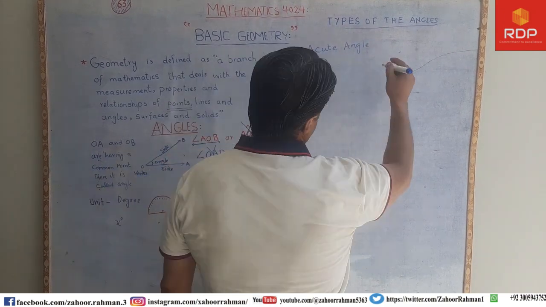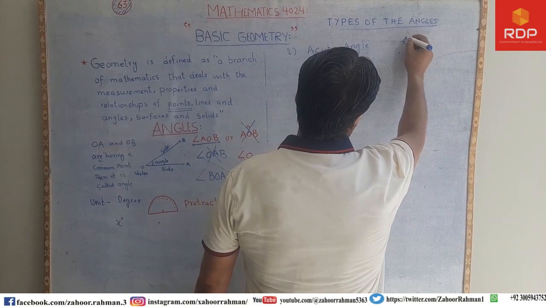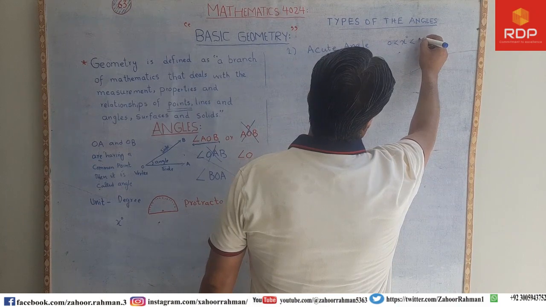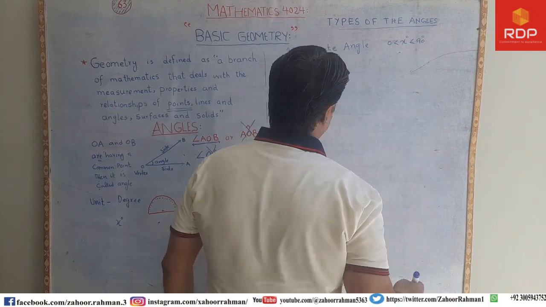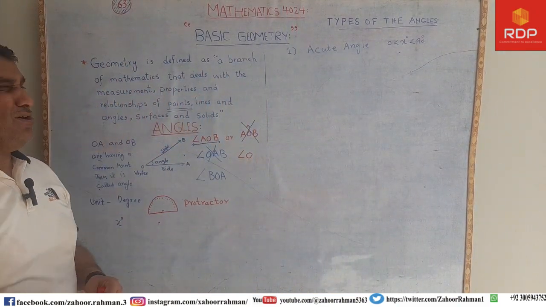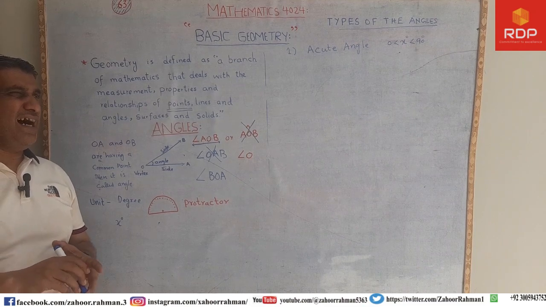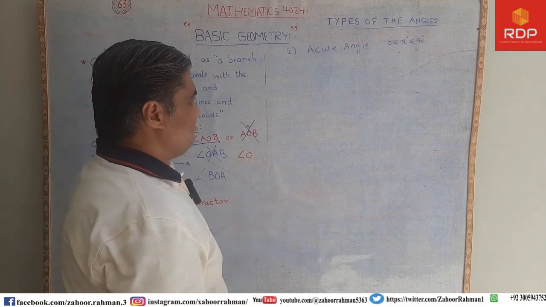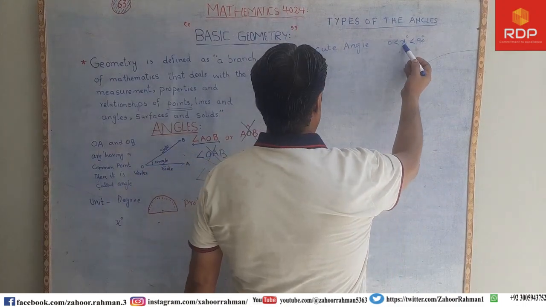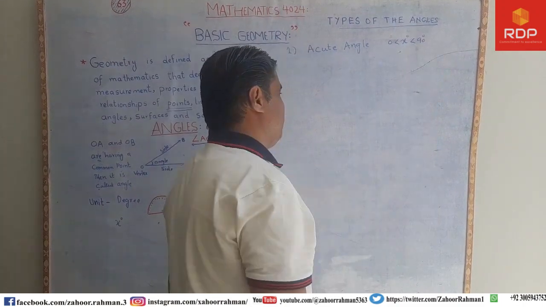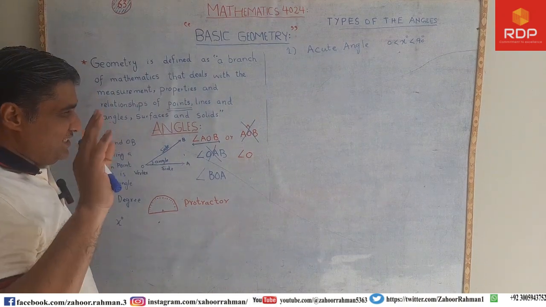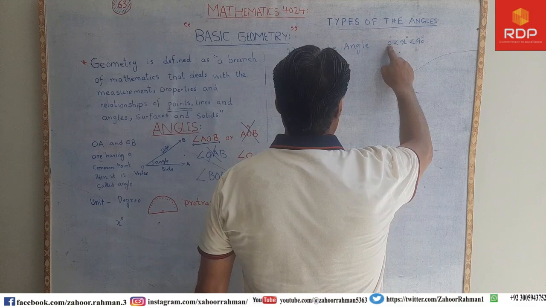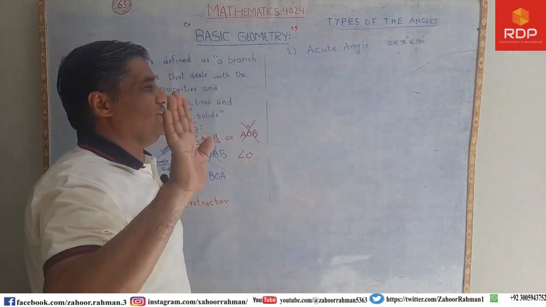The angle which is lying between 0 and 90. Remember that 0 and 90 are not included. Technical term is this: 0 is less than x degree is less than 90 degree. But very simply you can say that x lies between 0 and 90 degree.